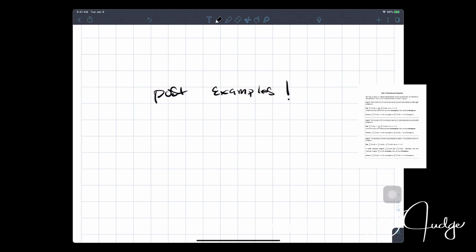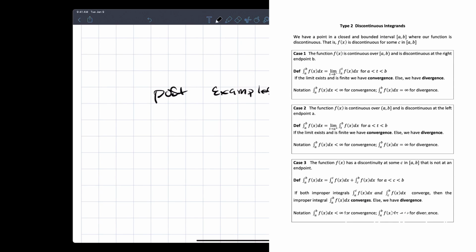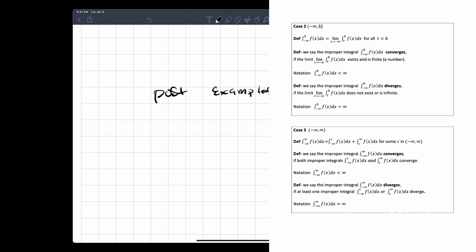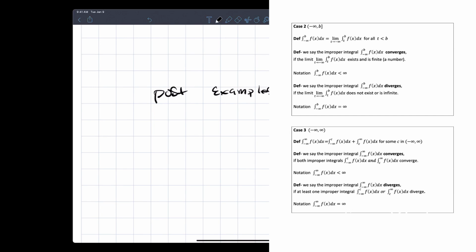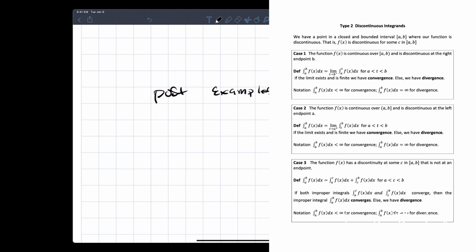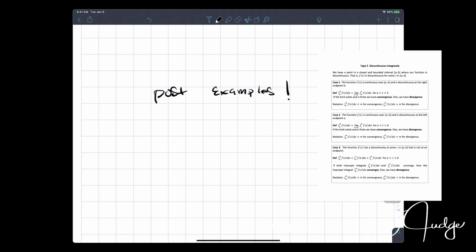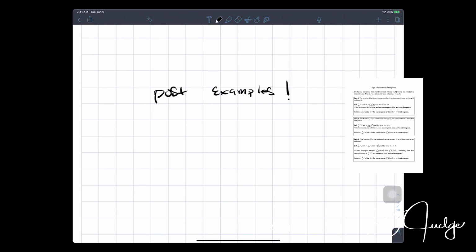First type, type 1, infinite intervals. I'm going to give you more examples. Type 2, you got a discontinuity at an endpoint or somewhere in the interval. So I'm going to do additional examples like I've done in the past for you guys. I'm going to upload them to the website and put them in Canvas.